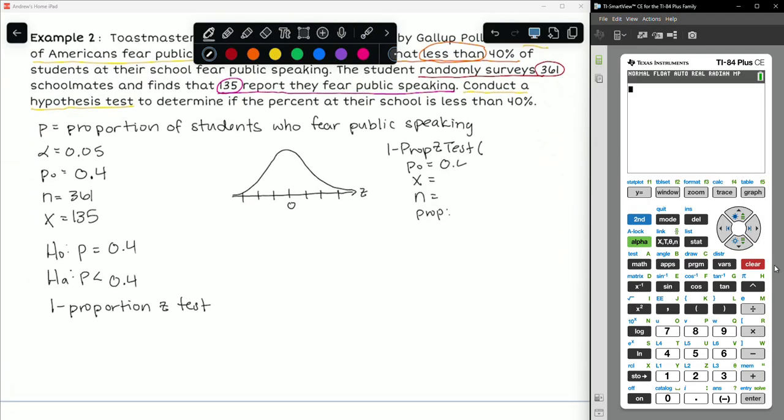So claimed proportion is 40%. We had 135 successes out of 361 sampled, and we are testing a claim about less than. And when we run this in our calculator, it should spit out a test statistic and a p-value.